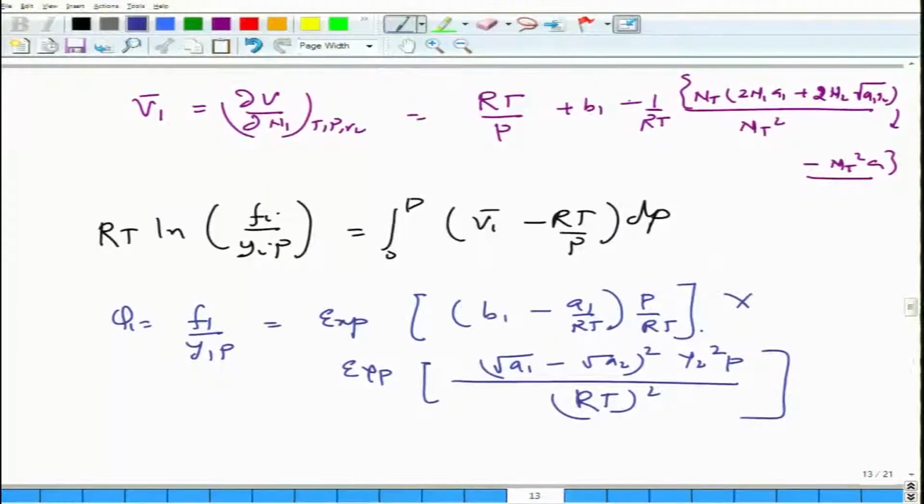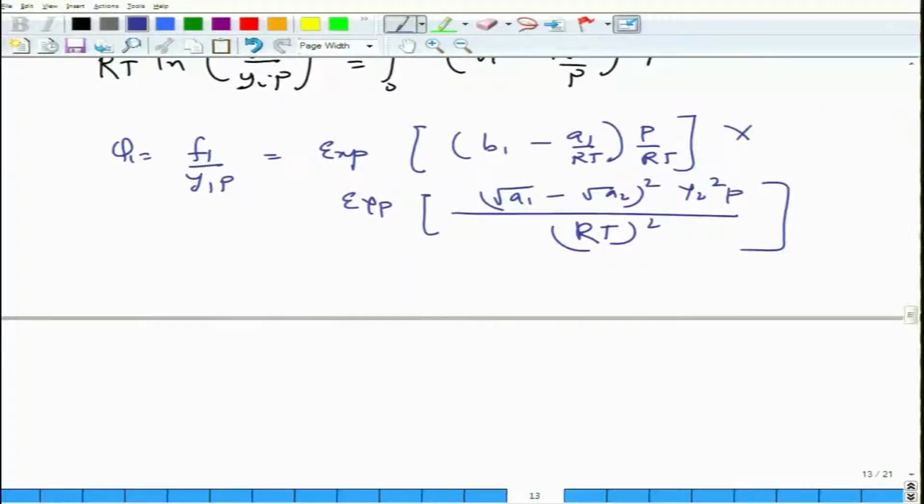This becomes simplified. Now, these two terms, if you look at very carefully, this phi, which is your fugacity coefficient, contains two terms based on the van der Waals equation of state.